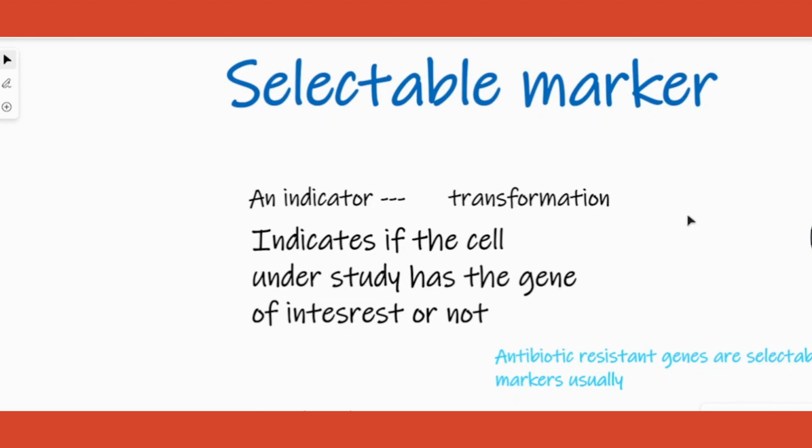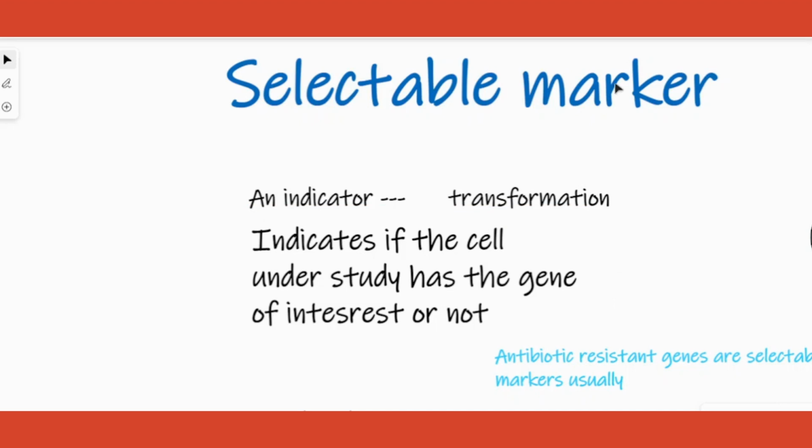So in order to select out, we need to have a marker. A marker is something like an indicator. In chemistry, you must have used some indicators which give a particular color and so on. Similarly, here also we should have an indicator which tells you, yes, this is a host cell which has got the plasmid plus the gene of interest.